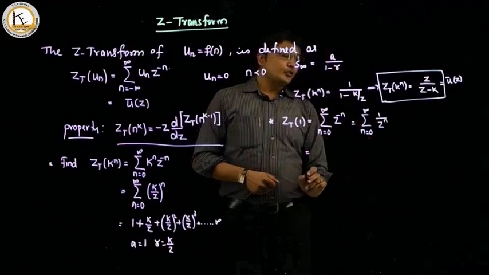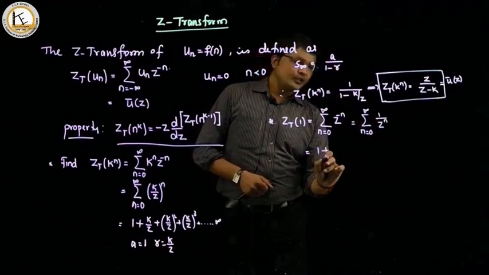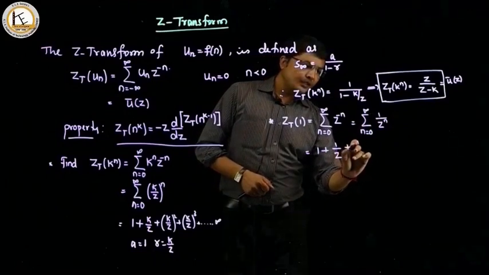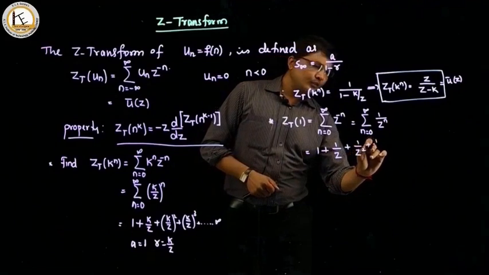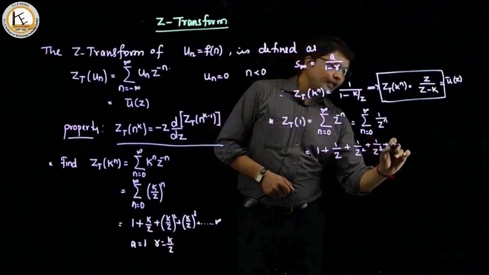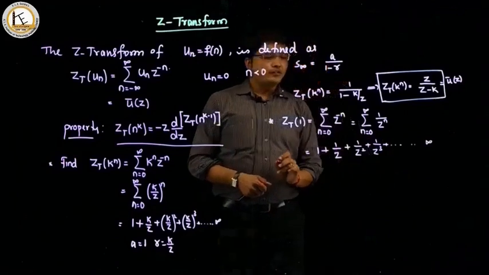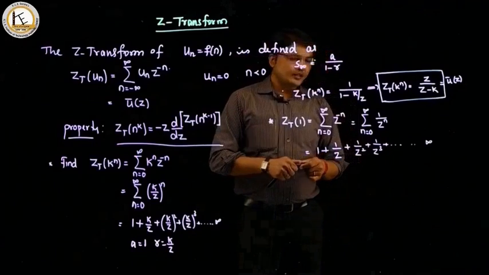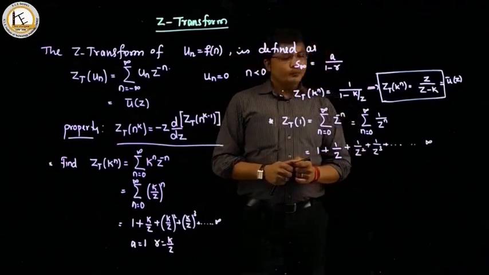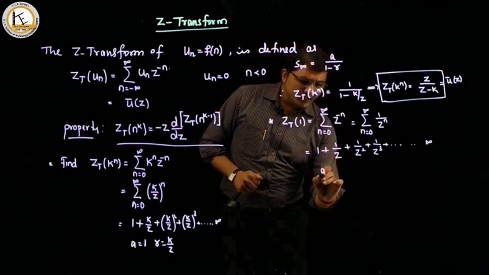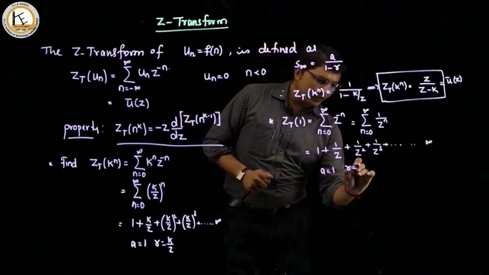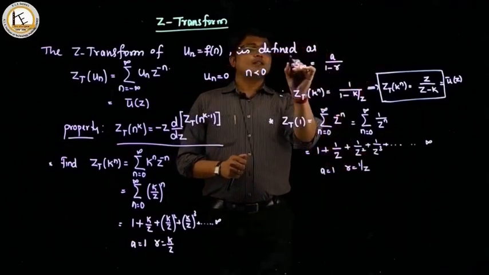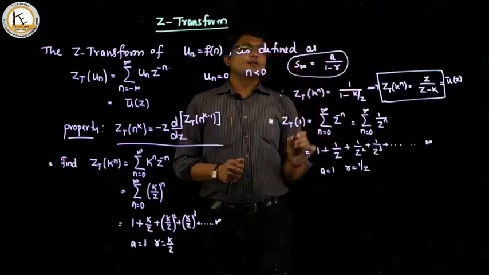So I will take that z raised to minus n in the denominator, and now expanding this summation starting from n equal to 0 we get 1, then n equal to 1, then n equal to 2, then n equal to 3, and so on, we get a summation up to infinite terms. And when we see this series we know that it represents a geometric progression, so here a is nothing but 1 and r is again 1 by z.